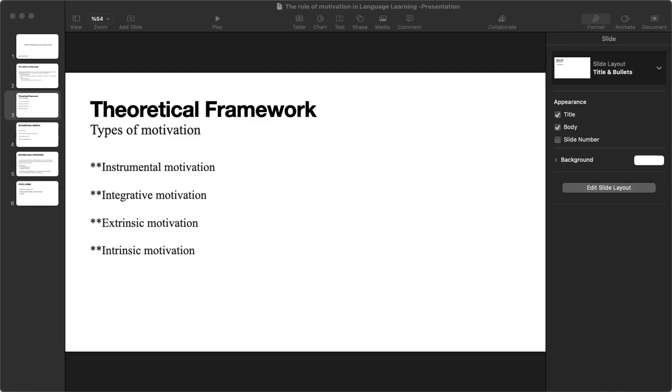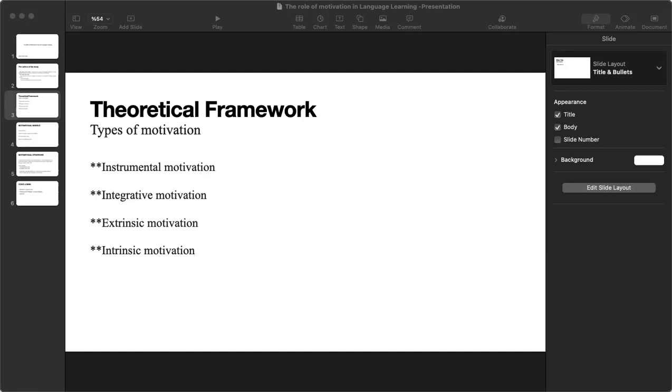Okay, so now when we look at different types of motivation, the first distinction is between integrative and instrumental motivation. Integrative motivation is necessary to be accepted by another community or to be able to communicate with that society.